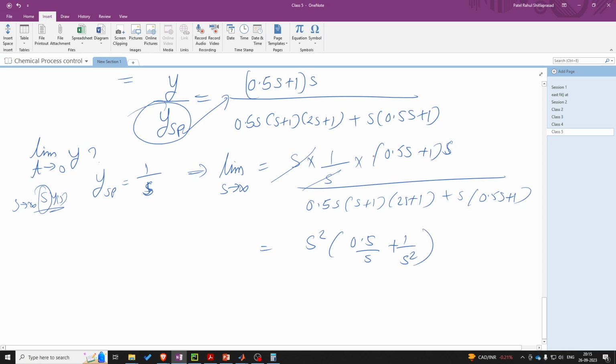Am I doing it correct? No, I am not doing it correct. So I'll just take s common from this term. Similarly, in the denominator, we can take s square common.